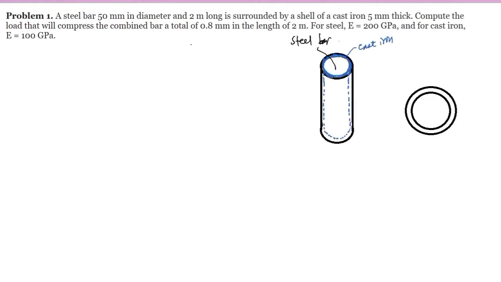So given here in the problem, we have the diameter of the steel bar, which is equal to 50 mm. So this inside diameter here is equal to 50 mm. And the outside diameter here can be computed since given is the thickness.